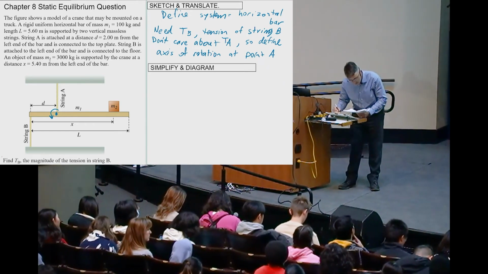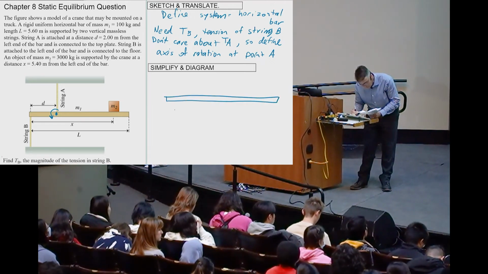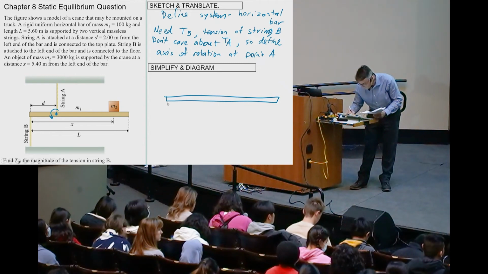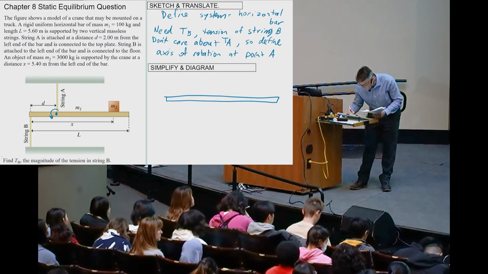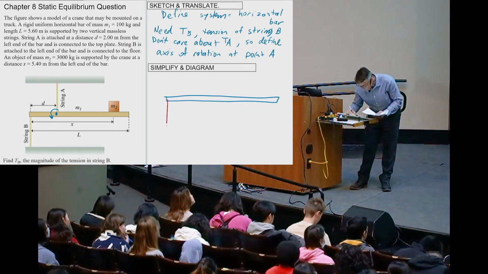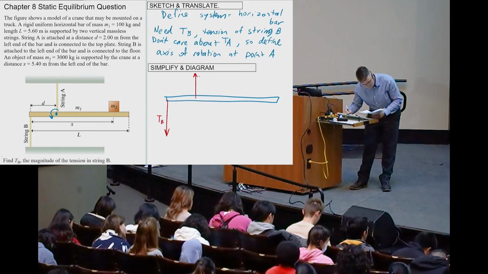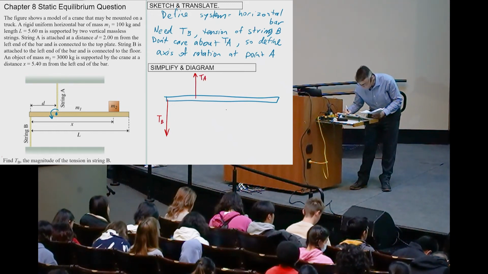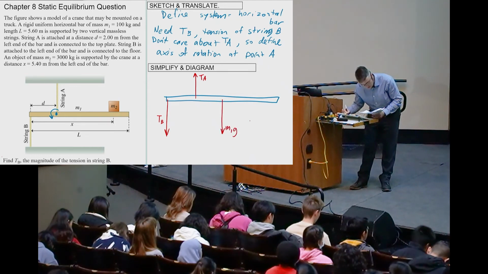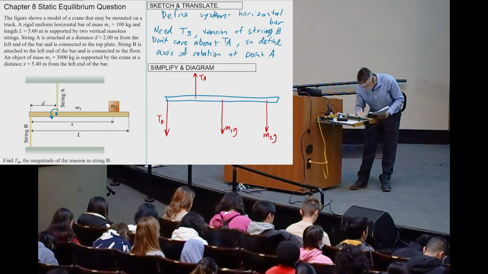So then, if we diagram this thing out, let's draw in red all the forces. I've got TB acting down there. I've got TA acting there. I've got the halfway point, with M1 times G acting down. And at this point, I've got M2 times G acting down.